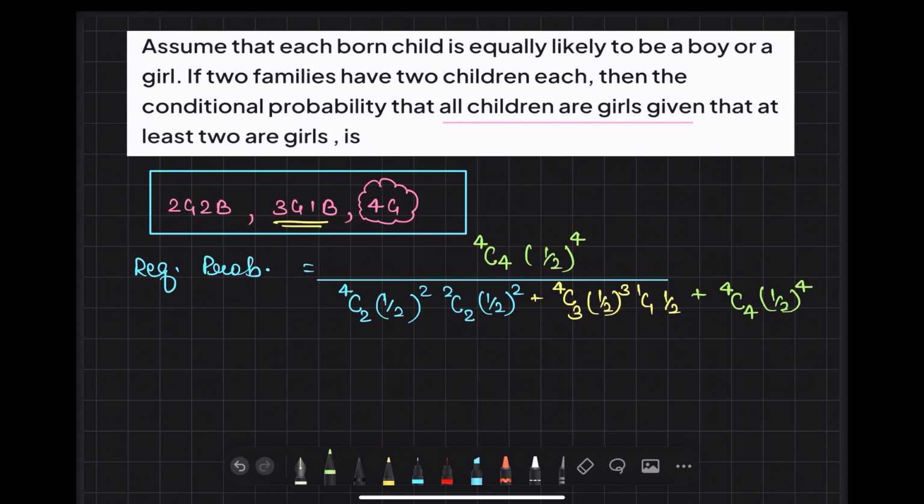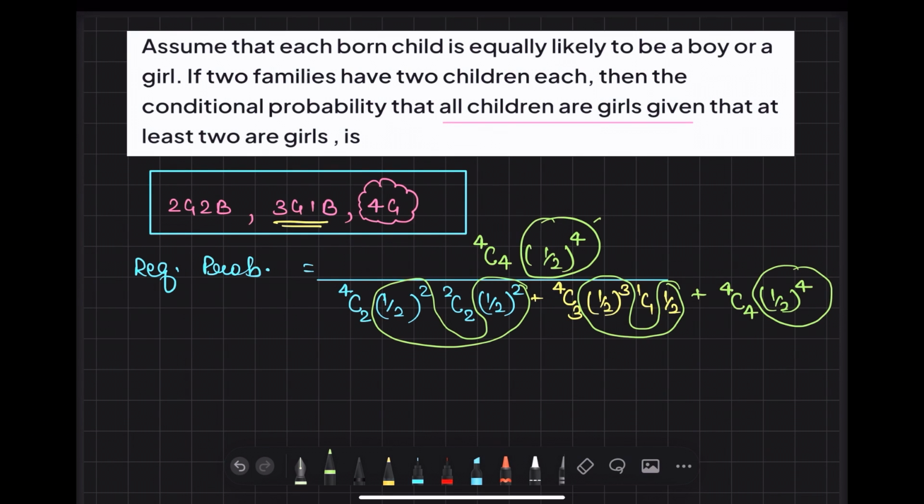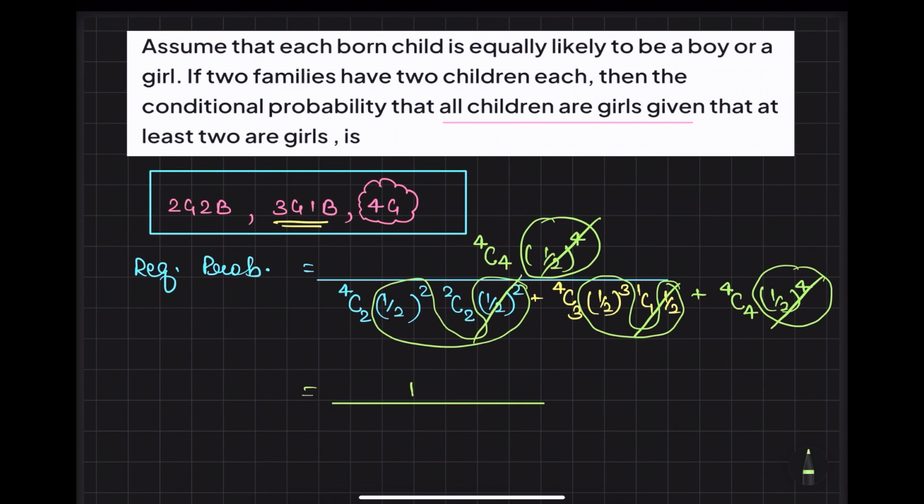If you observe, everywhere we have 1 by 2 to the power 4, correct? So this can be cancelled, and we will be left with 4C4, that is 1, in the numerator. In the denominator we have 4C2, which can be written as 4 times 3 times 2 factorial upon 2 factorial times 2 factorial.